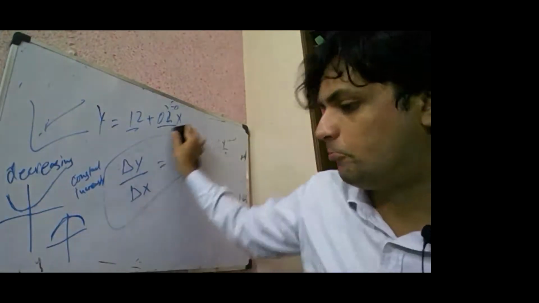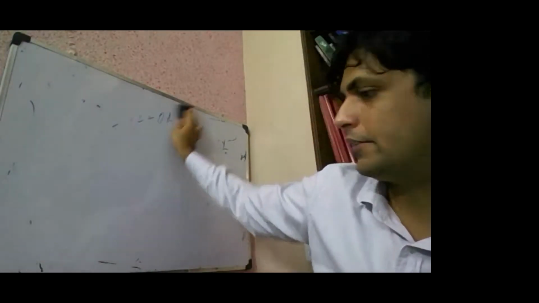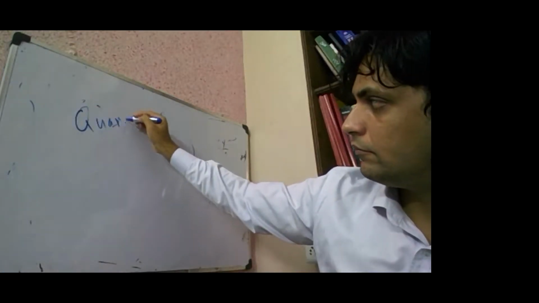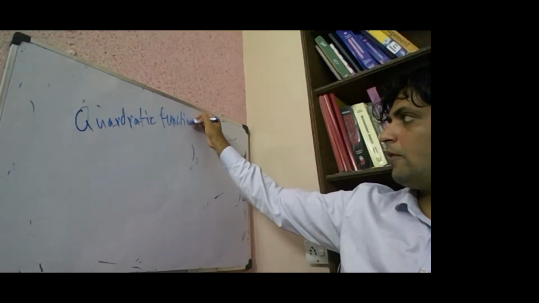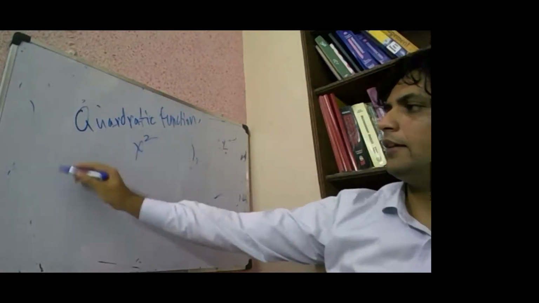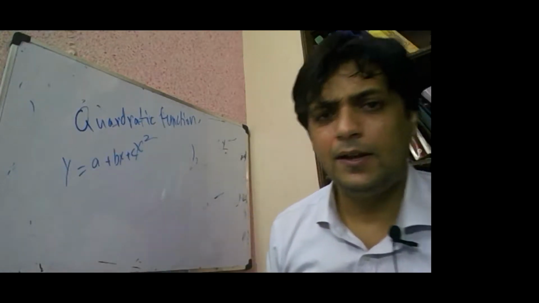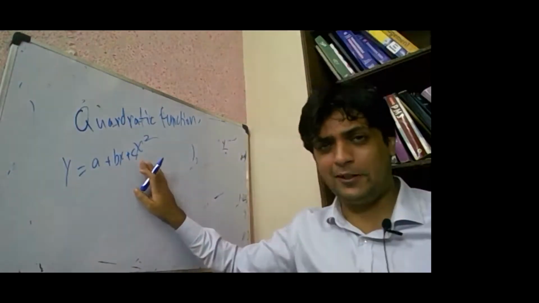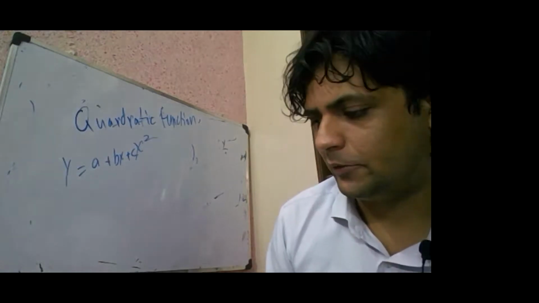For that, we need the quadratic form of functions, and that's the quadratic function. It involves x square. So y equal to a plus bx plus cx square. Remember, when c is 0, your quadratic function will turn into a linear function. So it's easy to convert it.